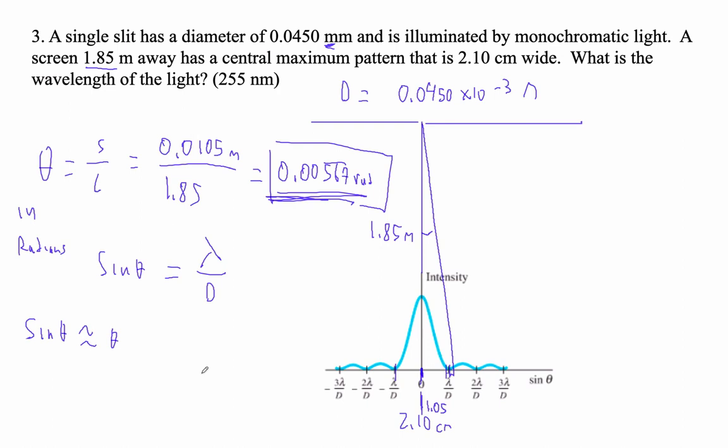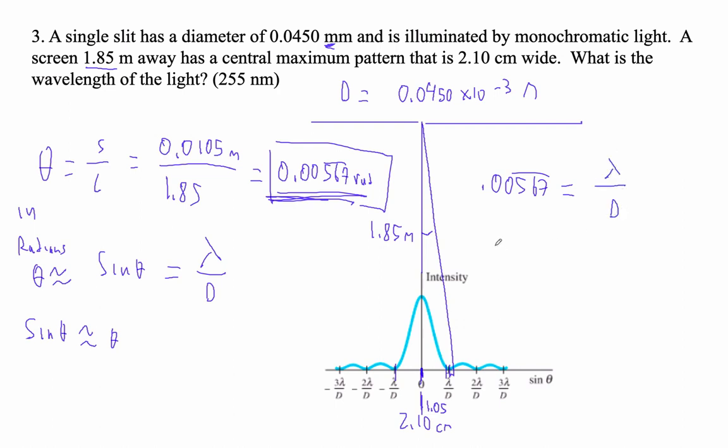You can try this, and put your calculator in radians if you don't believe me, and try the sine of 0.001. It works pretty well. So I'm going to say the angle is approximately equal to that, and set 0.00567 repeating equal to lambda over d.